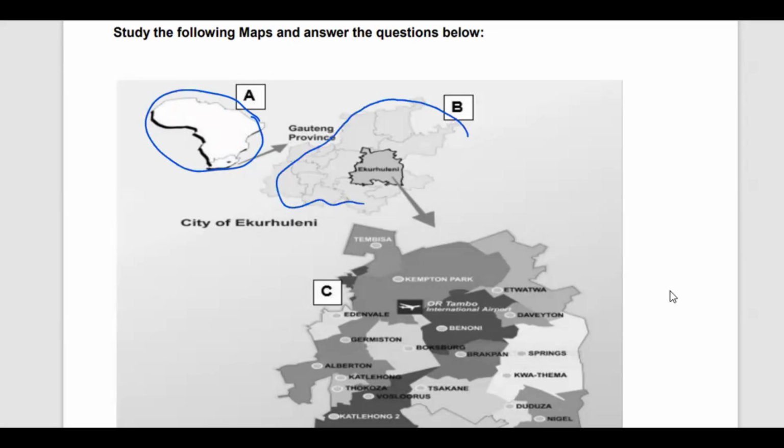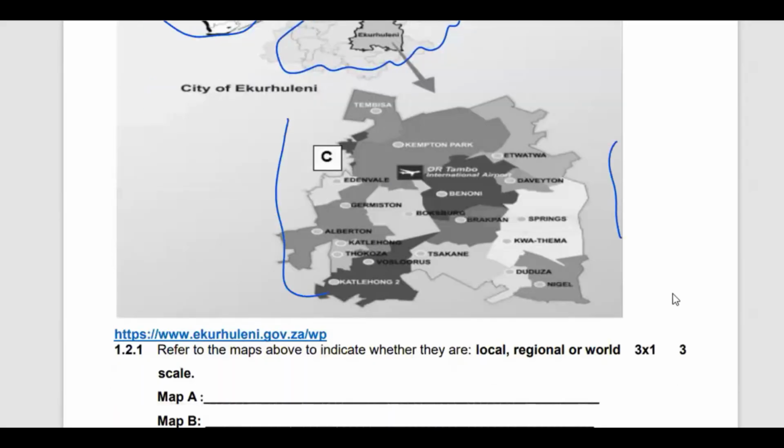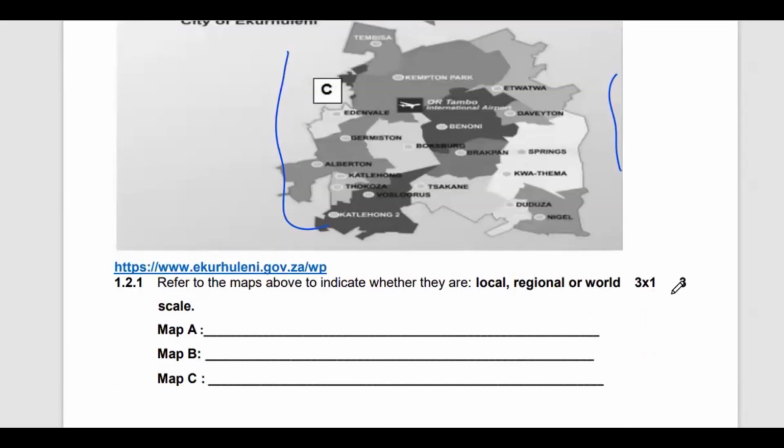Map B is the map of the province, and then this is a city map. So map A is a world map, and then B is a regional map, and then C is a local map.